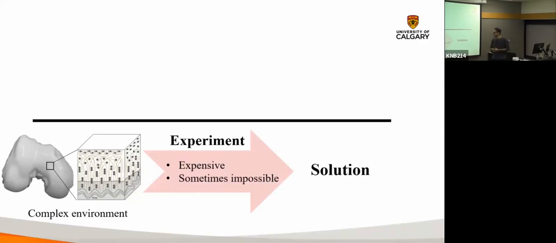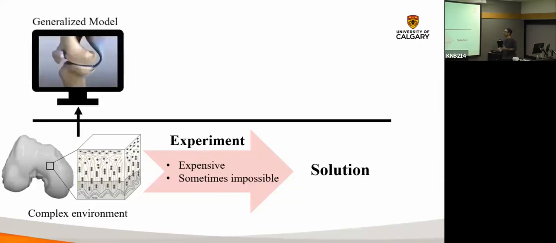And that's sometimes too expensive and impossible to perform. So another way is to have a generalized model that is an adequate representation of this complex environment, and then we try to model every aspect of it based on our application.